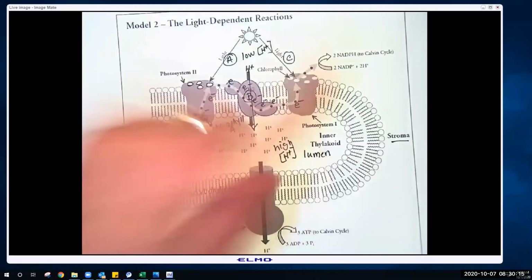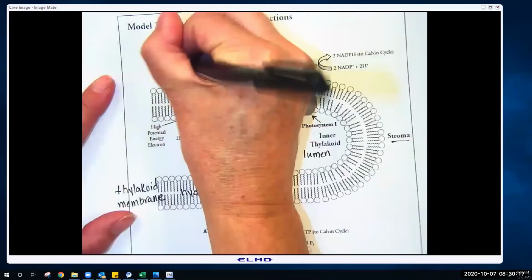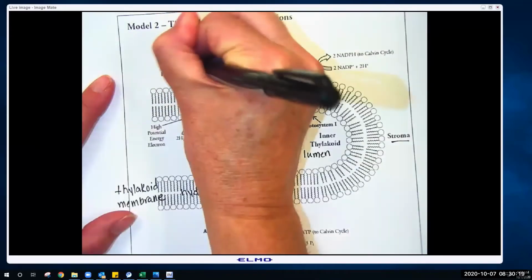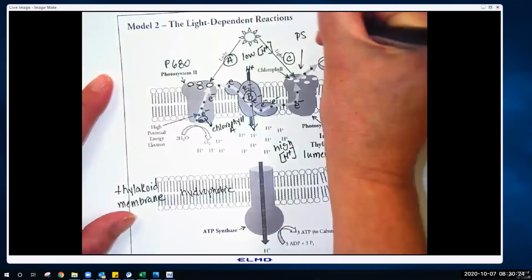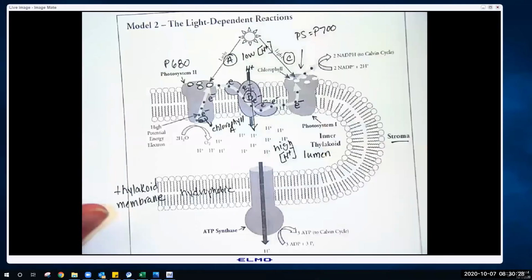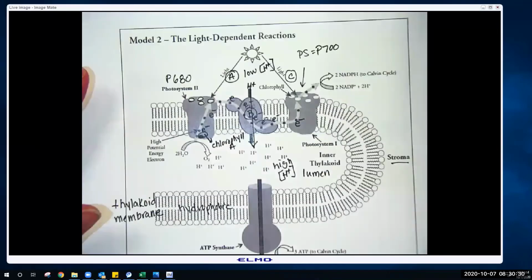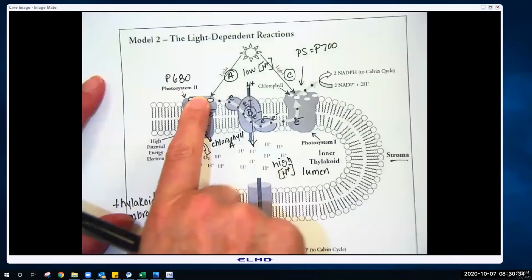So sometimes I like to call this the P680 photosystem, and then I call this photosystem the P700, because 680 comes before 700. Sometimes AP will call it that, sometimes they'll call it photosystem 2.